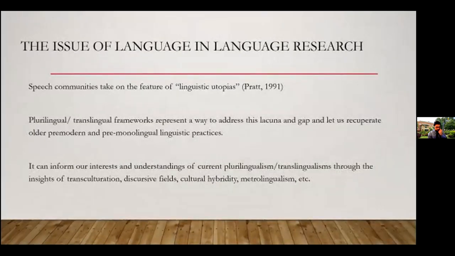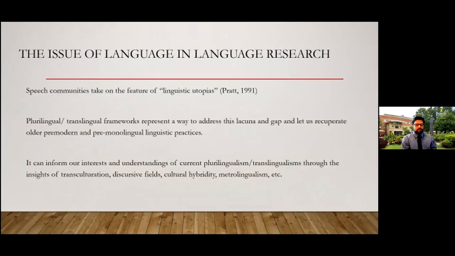One of the issues of language research or language theories has been the view that language and the speech communities which define or delimit language take on the feature of linguistic utopia. That is, it seems to talk about an idealized community that doesn't correspond to the actual language practices of the majority of people who use it.